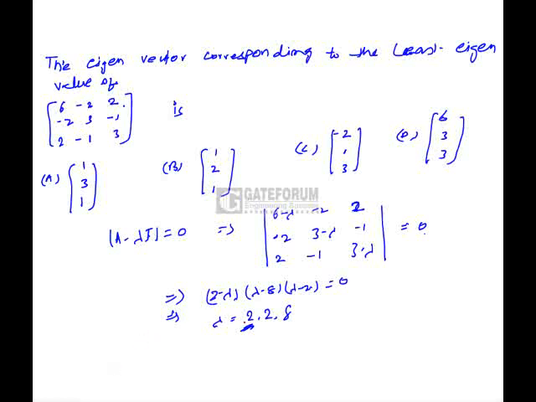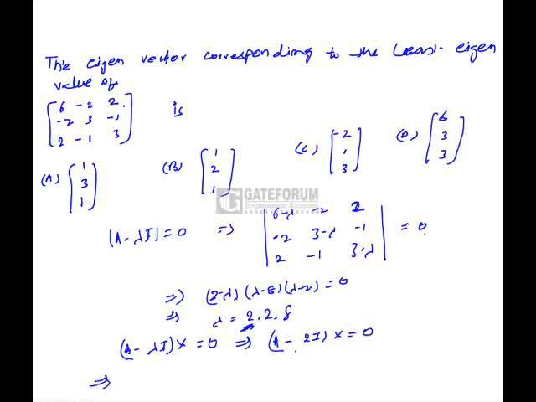Now we have to substitute this eigenvalue in the characteristic equation. The characteristic equation is nothing but (A minus lambda I) x is equal to 0. So here lambda is 2, which implies (A minus 2I) x is equal to 0.